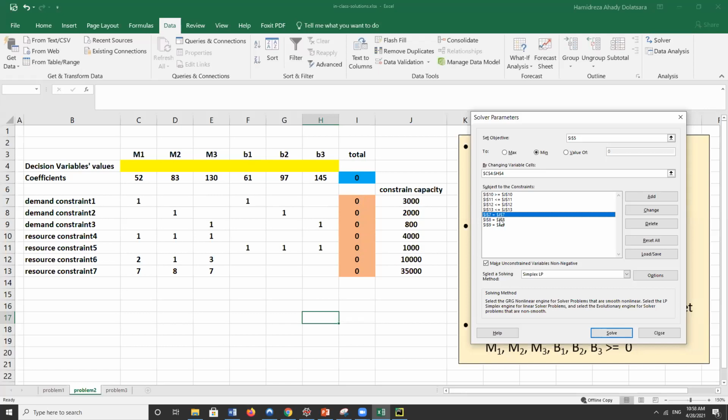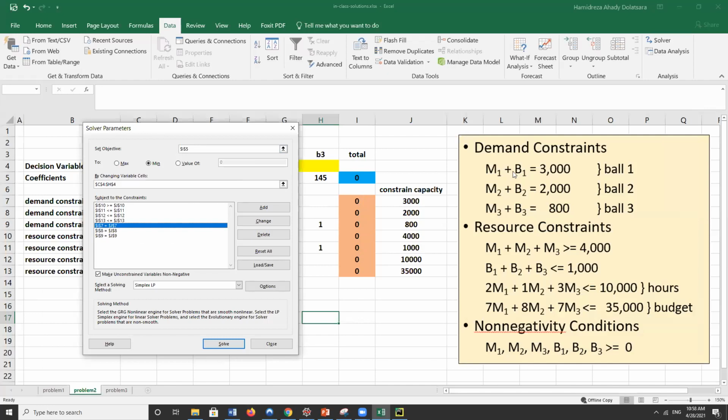For the first, second, and third one, it should be equality, because based on the problem policy, the number of balls should be exactly equal to 2000, 2800 for different types of balls. So these are my equality equations: I7 J7, I8 J8, and the last one, I9 J9.